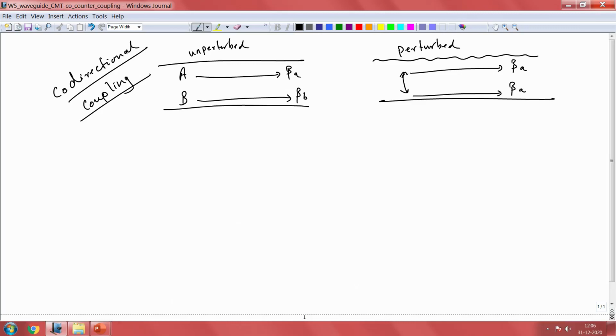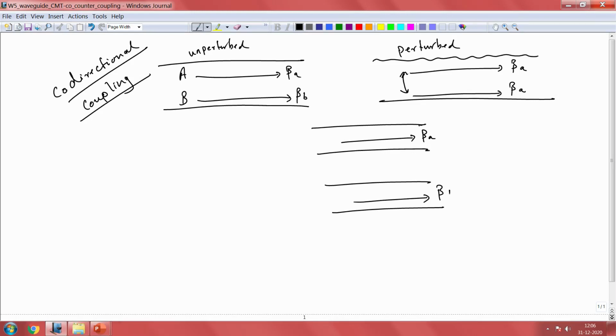How about two waveguides? Now this is already a perturbed system, we do not have to add additional perturbation here. So, beta A is propagating there and this is beta B. What we are looking at is whether we will be able to couple from here, this is kappa AB and kappa BA, all right.